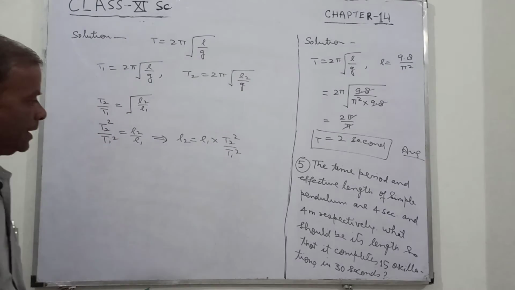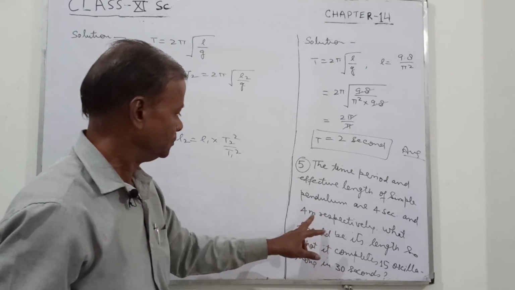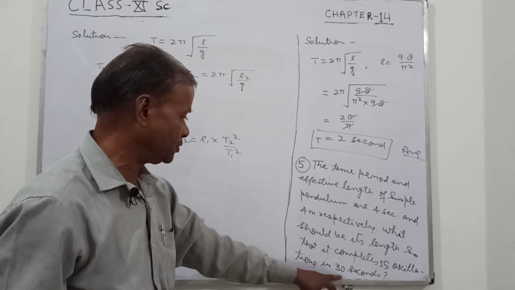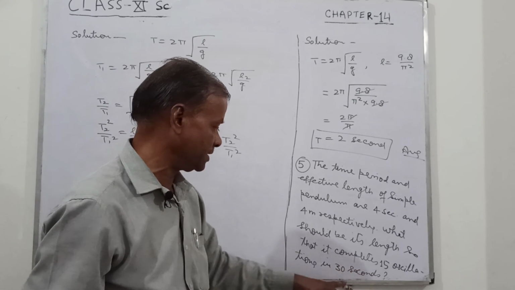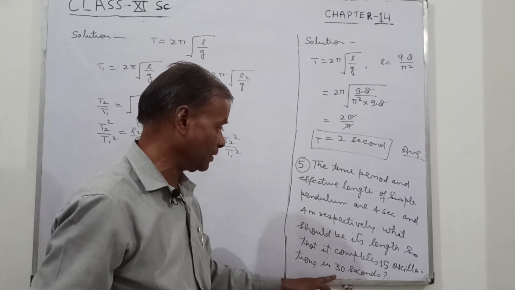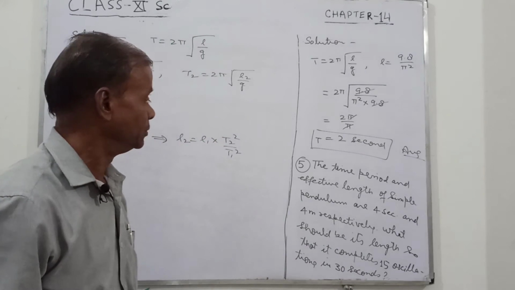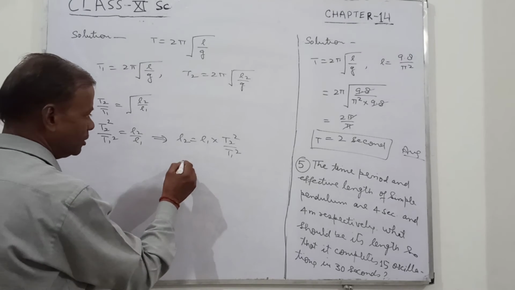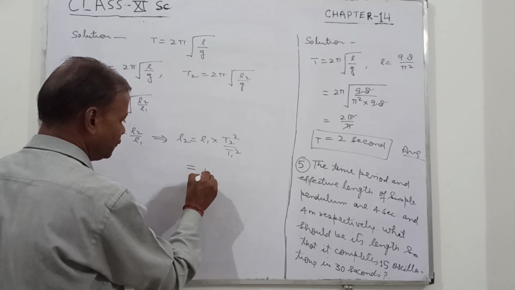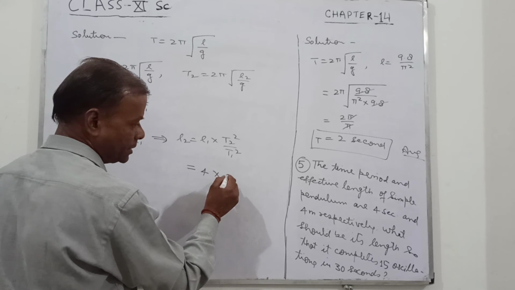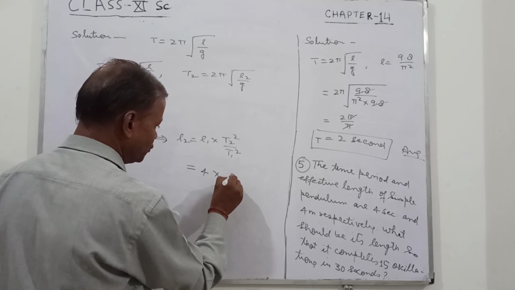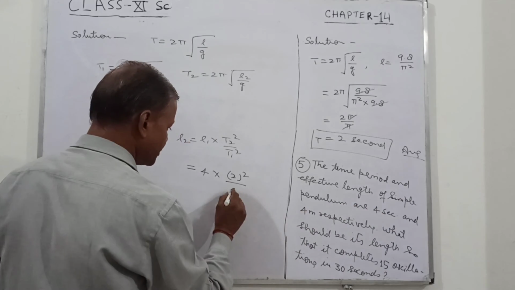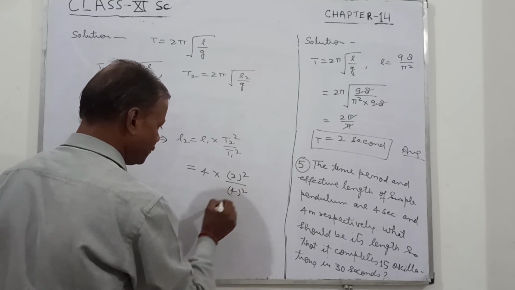Now you are given L1 equal to 4 meter and T1 equal to 4 seconds, and here you find that there are 15 oscillations in 30 seconds. So one oscillation will be in 2 seconds. So T2 is equal to 2 seconds. Now here we put L1 equal to 4, T2 is equal to 2 seconds, so this is square of 2, and T1 is 4 seconds, so this is square of 4.